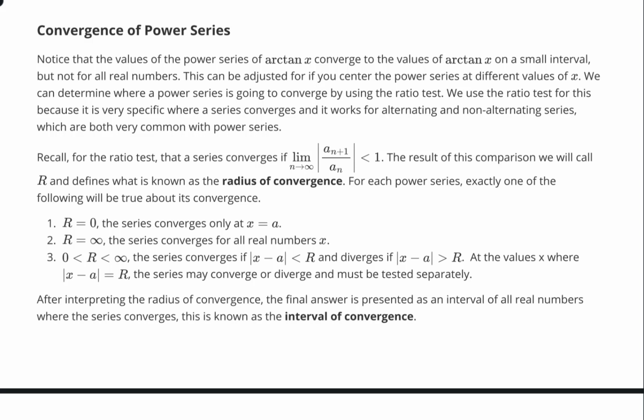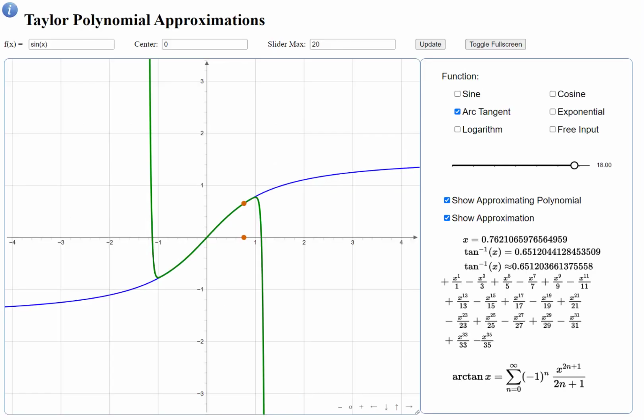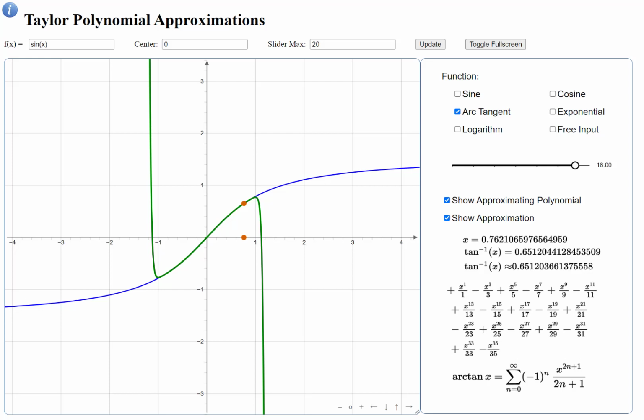So now we're going to talk about that nuance that I mentioned at the end of the last video. If we're looking at the arctangent approximating polynomial, let me bring that back up so you can see it. As I mentioned, this approximating polynomial does not actually converge to the arctangent function for all numbers.